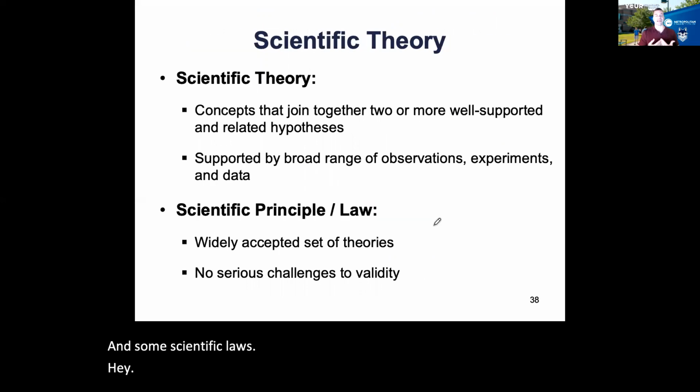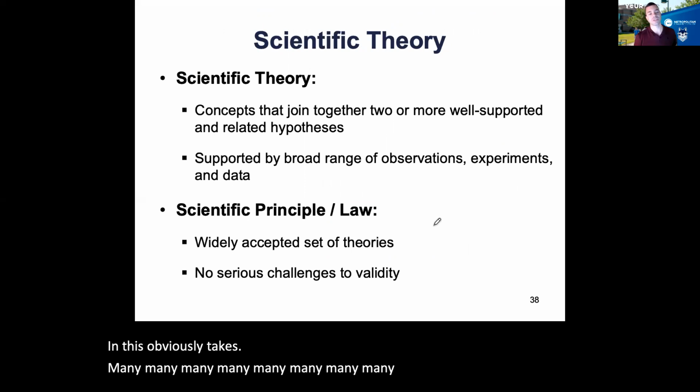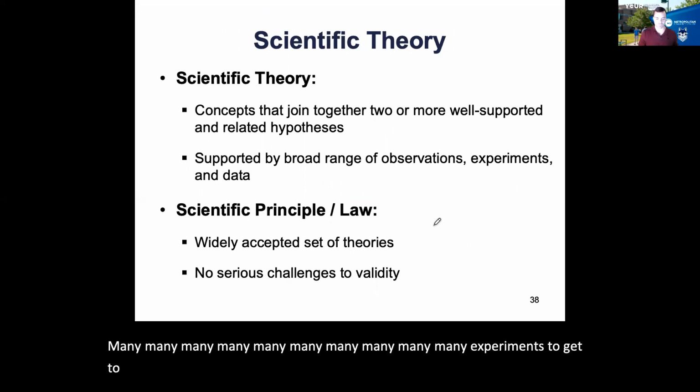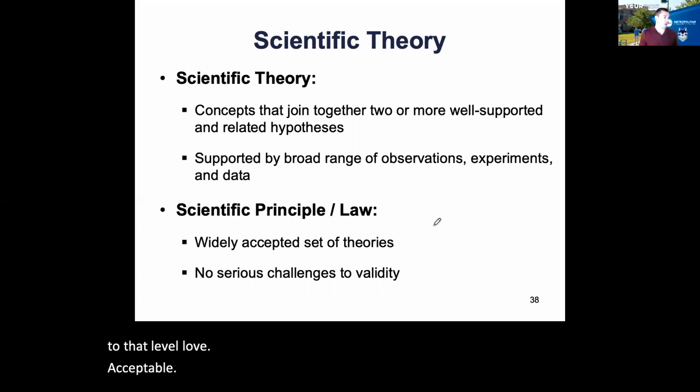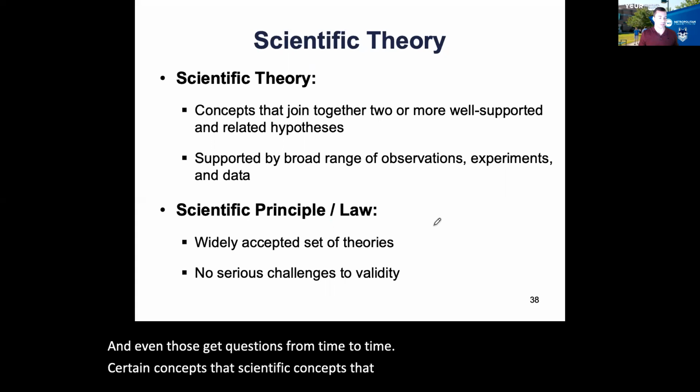And this obviously takes many experiments to get to that level of acceptability. Okay? And even those get questioned from time to time. Okay? Certain scientific concepts that we believe we know, again, you may make a discovery. Okay?